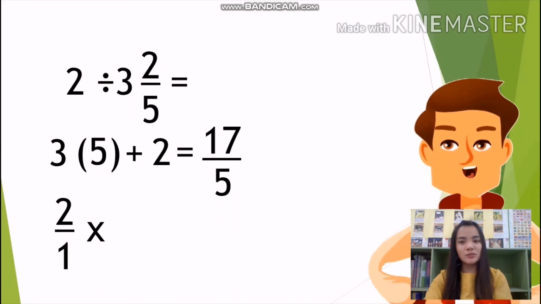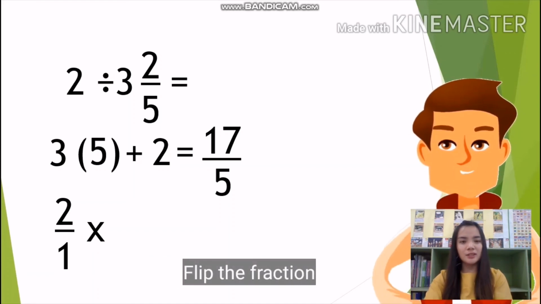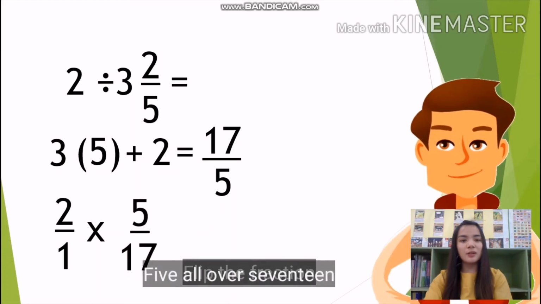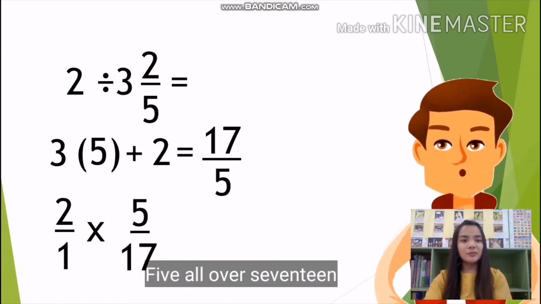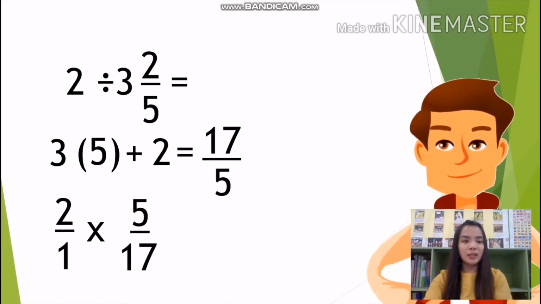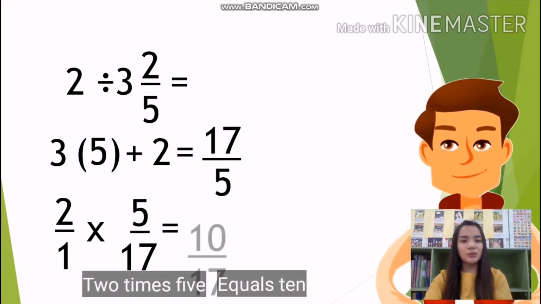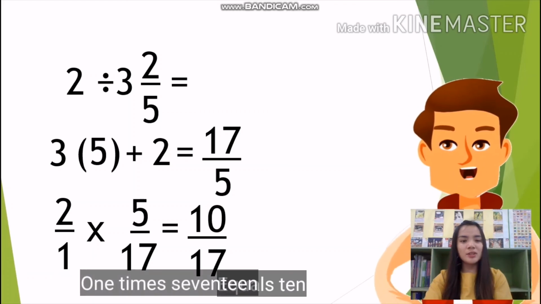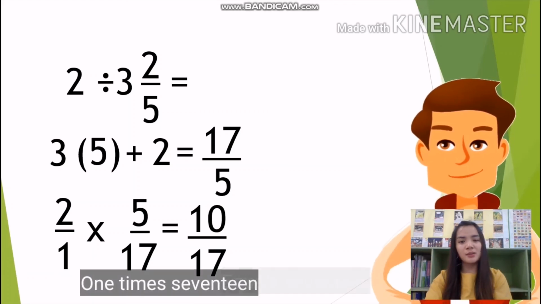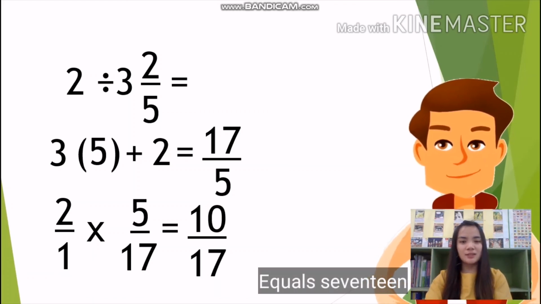So we're just going to flip these fractions. So it is 5 all over 17. Now we can multiply. So 2 times 5 is equal to 10. Then 1 times 17 is equal to 17.